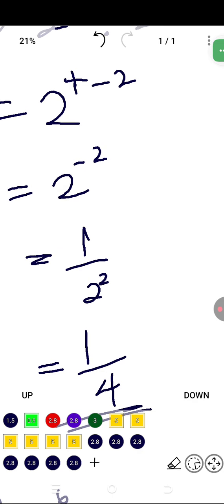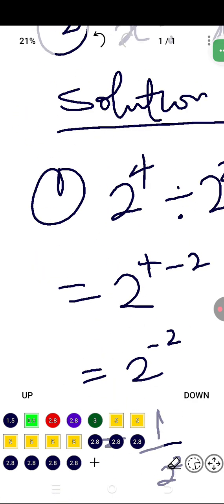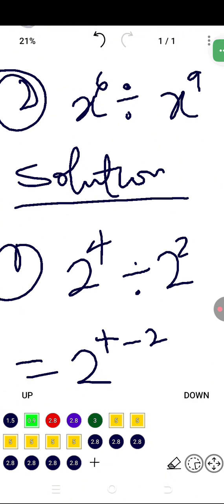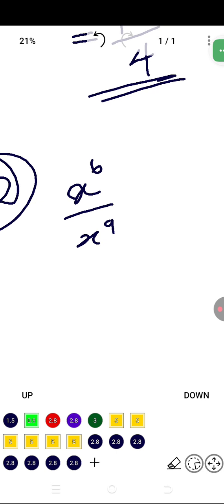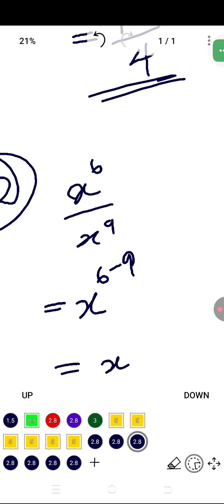Remember I used divided by here. x raised to power 6 divided by x raised to power 9 is the same thing as x raised to power 6 over x raised to power 9. So this will be equal to x raised to power 6 minus 9, that is equal to x raised to power minus 3.